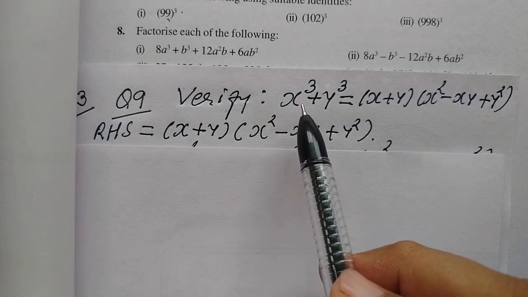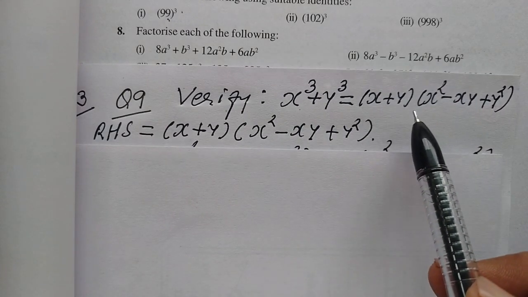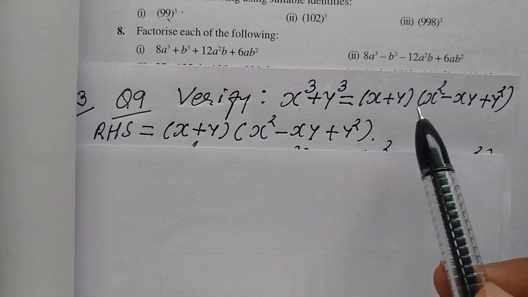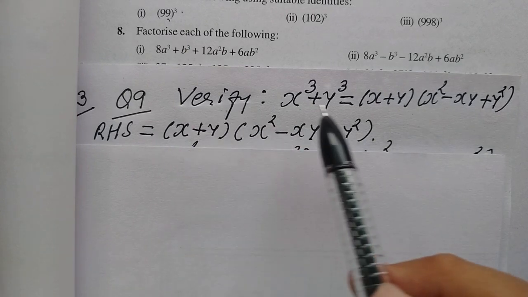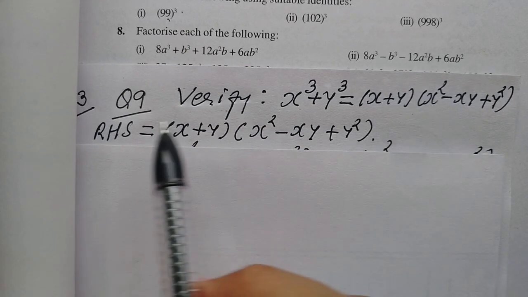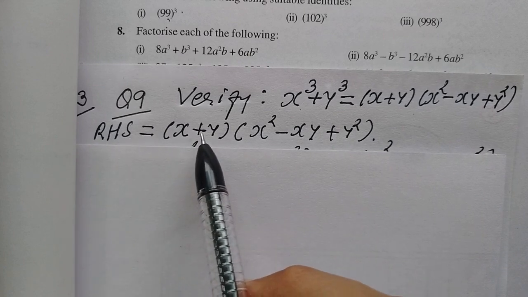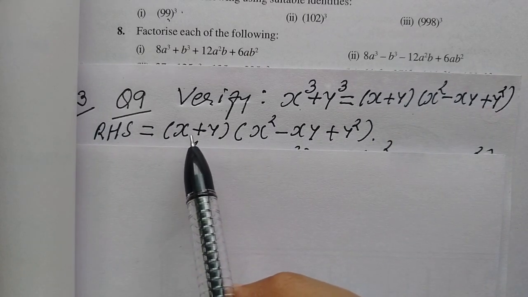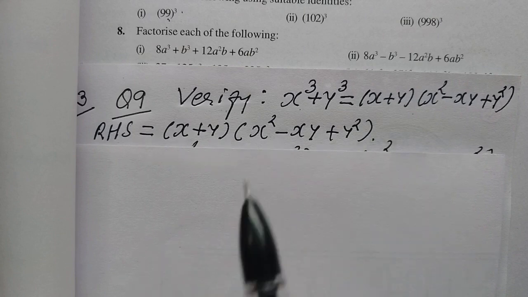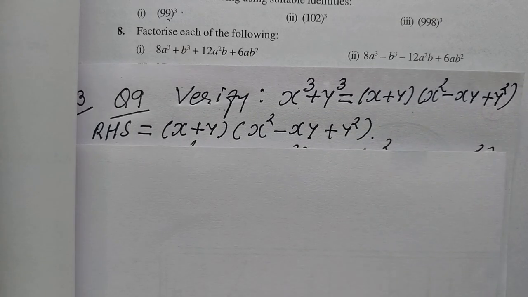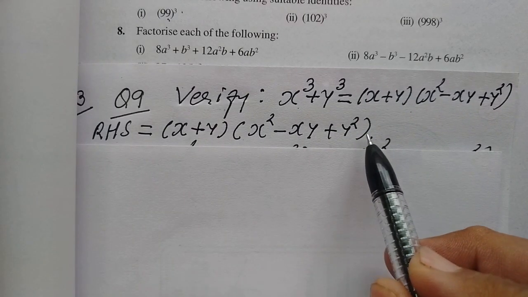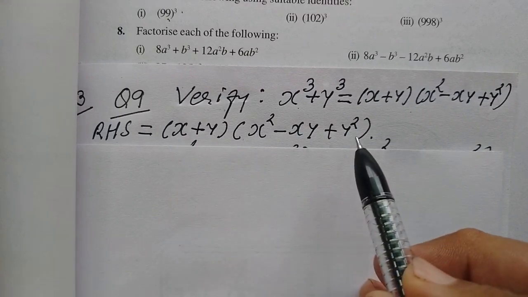Children, this is known as the left hand side, and this is known as the right hand side. We will verify this by using the RHS. So we write the RHS. Now we want to expand it. Expansion is a very easy way. We multiply x with this bracket, and y with this bracket.